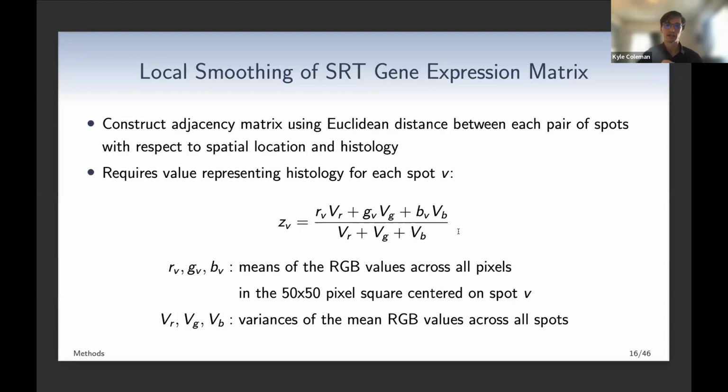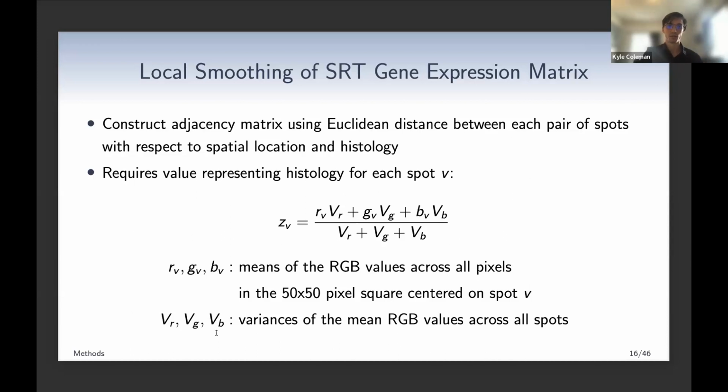So what we do is for each spot in the data set, we draw a 50 by 50 pixel box surrounding that spot. And for each of these pixels, we take their RGB values and we average over them in order to get the mean of the RGB values for all pixels centered on that spot. We then weight each of these mean RGB values by the variances of these RGB values across all spots in the data set.